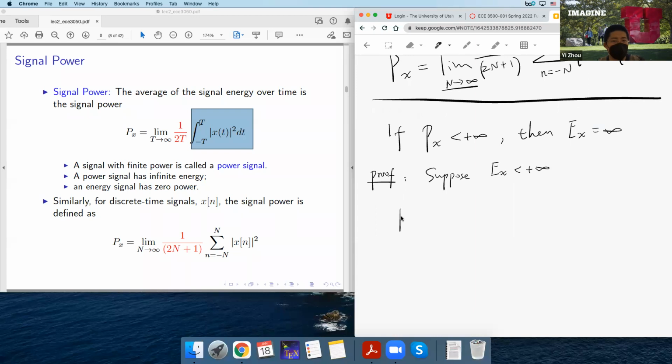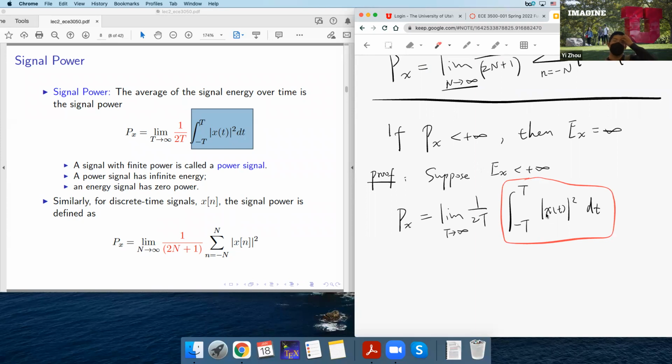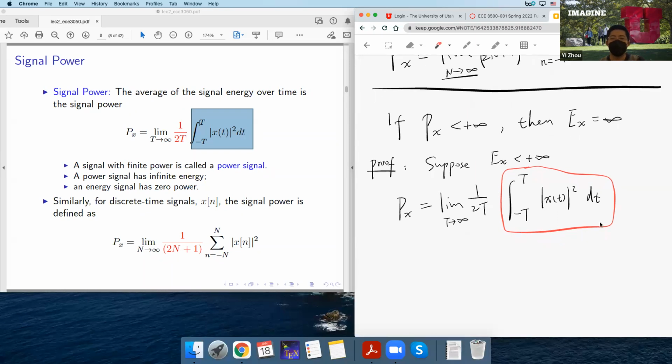Suppose it's finite, then Px is the limit of 1/2T times the integral from negative T to T. Well, this part is the energy, right? Suppose energy is finite, meaning that this part, as T goes to infinity, is finite. So this is finite, but as T goes to infinity, divided by 2T, this 2 times T goes to infinity.